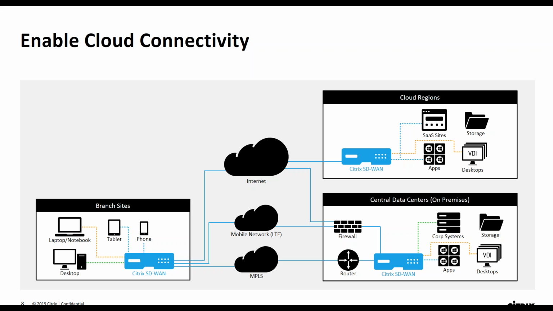Now, the challenge with this is that's a very costly expense. If we have an SD-WAN environment, we can spin up another SD-WAN that will basically serve as an extension of your SD-WAN environment, and that cloud network will in turn be another branch site.